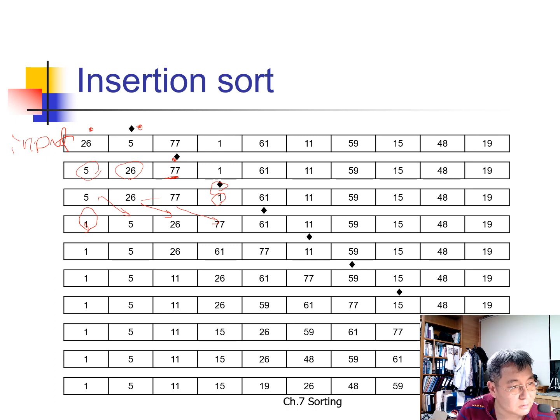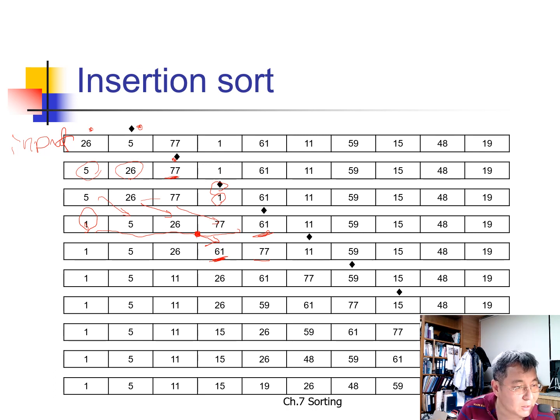Next is the value 61. We must insert 61 into the already sorted data. We can find the right position here, so 61 is inserted here, and 77 goes to the next element.